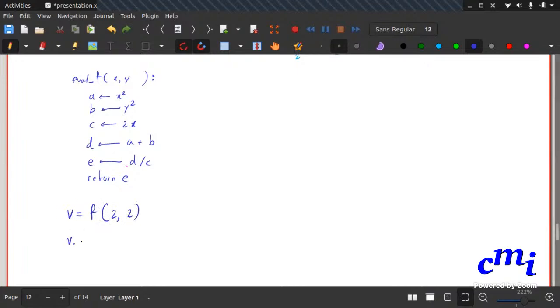And then you say v dot grad with respect to the first variable. If you print this, it should give you the value of the function delta f by delta x at x equal to 2. This is what the code that is going to call AutoGrad looks like.